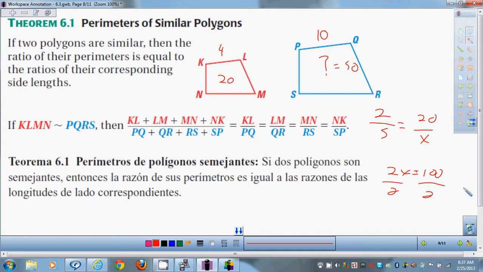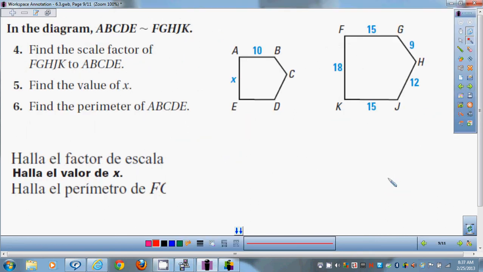All right, here we go. Find the scale factor, find the value of x, and then find the perimeter. Yes, but again, you don't have to find every side.